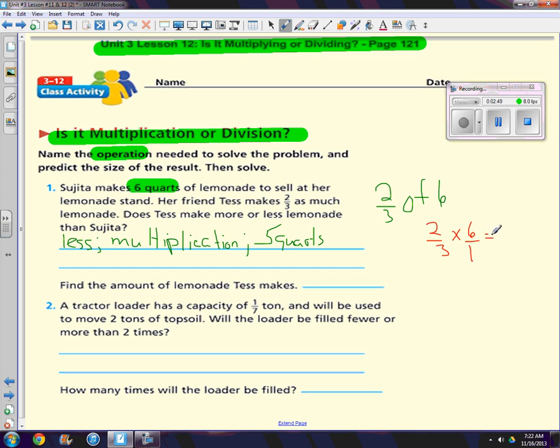Now you could multiply 2 times 6 and get 12, and 3 times 1 and end up with 3, or you could simplify ahead of time. I encourage you, even though this is a fairly easy problem, to simplify ahead of time. 3 goes into 3 once, and 3 goes into 6 twice. 2 times 2 is 4. 1 times 1 is 1. So your final answer would be 4 quarts.